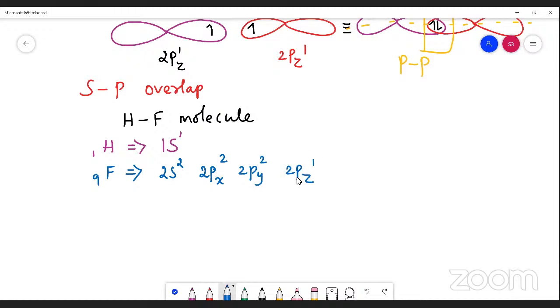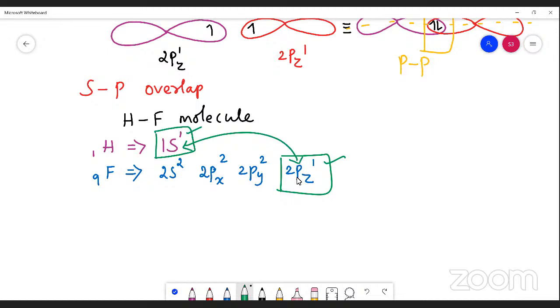Now, guess which atomic orbitals can overlap. There is a chance of this 1s1 containing one unpaired electron, and the 2pz containing one unpaired electron. So only these two atomic orbitals can overlap, and a bond forms.